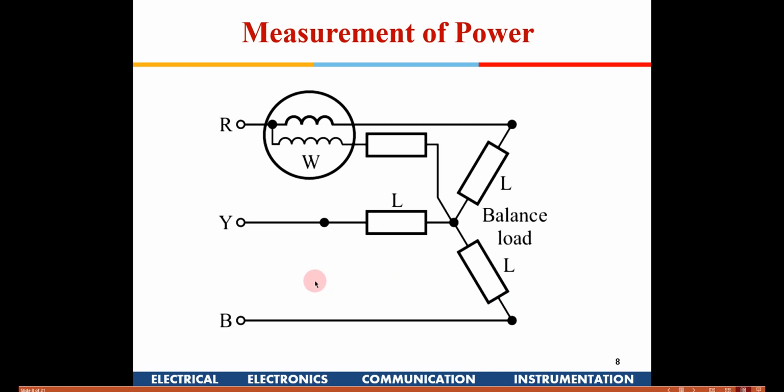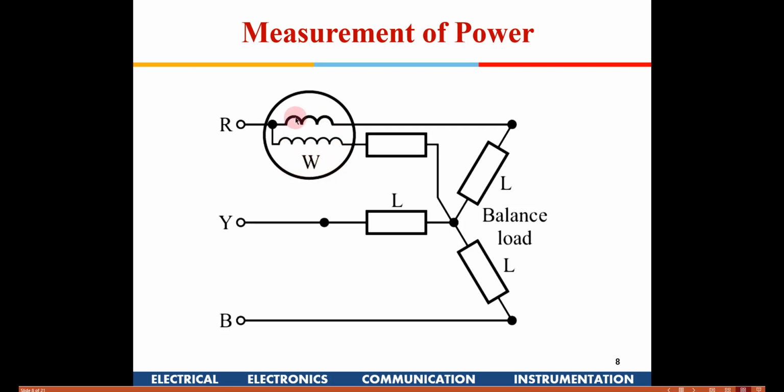How do we measure? What is a wattmeter? A wattmeter multiplies the voltage and the current, and it also takes care of the cos of the angle between the voltage and the current. So you need to feed the current and voltage into the wattmeter.